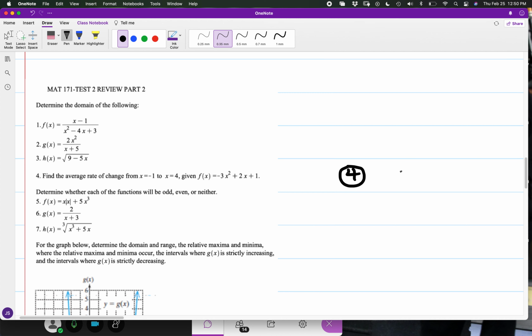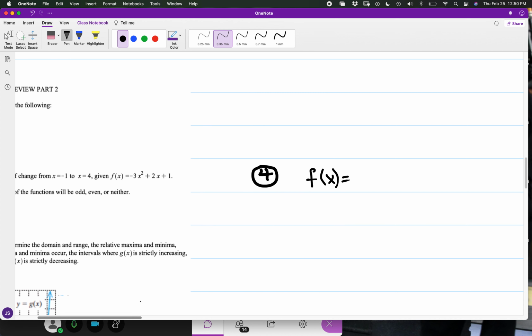We have given the function f of x is equal to -3x squared plus 2x plus 1. With the x values, we have the initial point at x equal to -1.